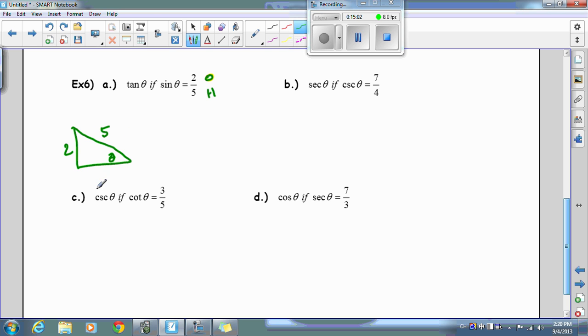And I will just find the missing side by saying 25 minus 4, which is square root of 21. Now, tangent of theta is therefore equal to the opposite over the adjacent, meaning 2 over square root of 21. Feel free to be fancy and say 2 square root of 21 over 21. I believe you've worked with this type of problems over and over again. So I'm gonna leave this again up to you.